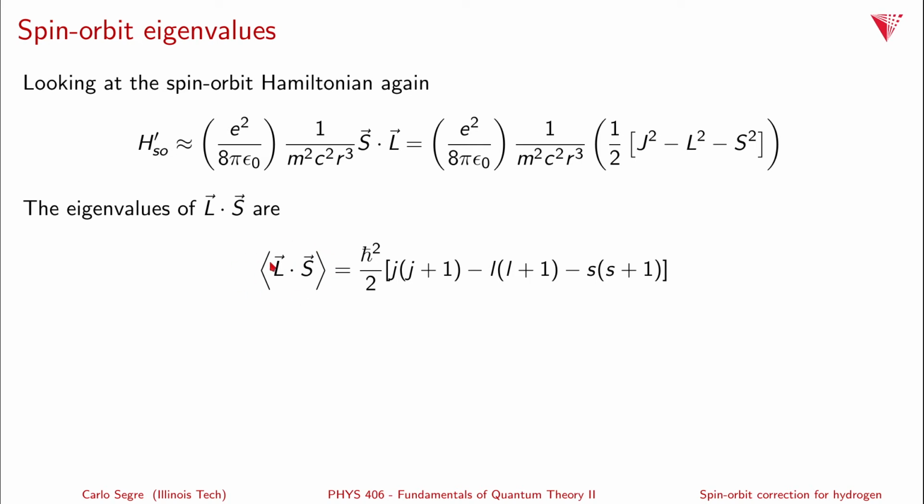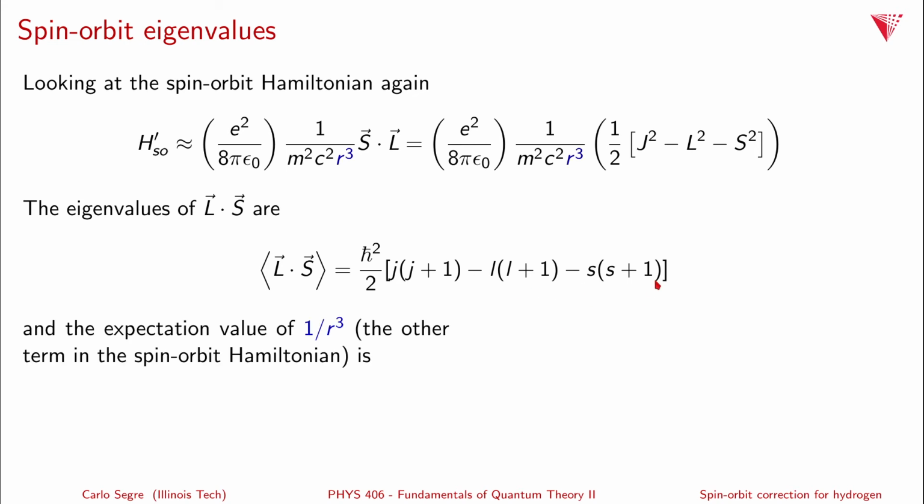So the expectation value of L dot S for any state with quantum numbers J, L, S, M sub J, and N can be written as h bar squared over 2 times the quantity J times J plus 1 minus L times L plus 1 minus S times S plus 1. And so the expectation value of this Hamiltonian starts by taking the expectation value of this term.